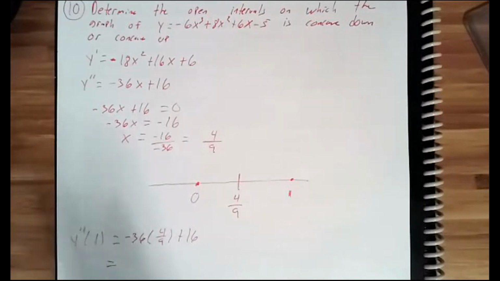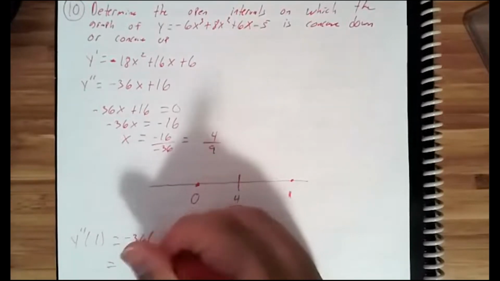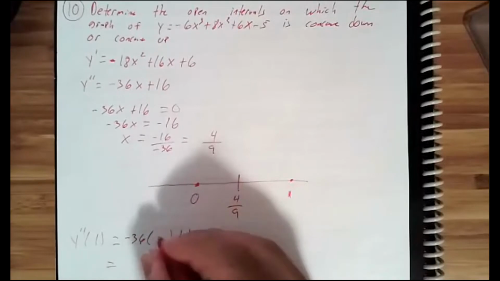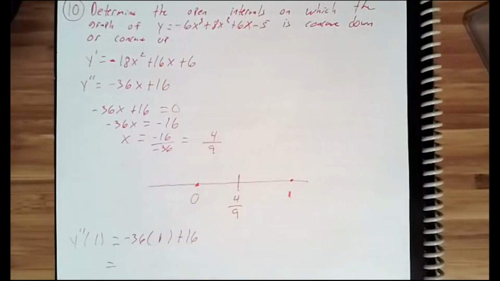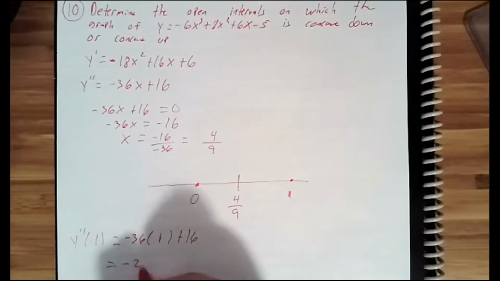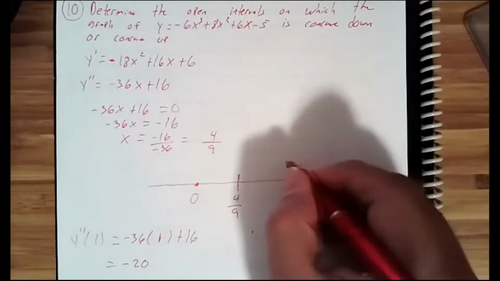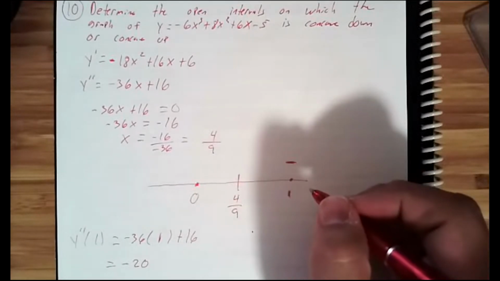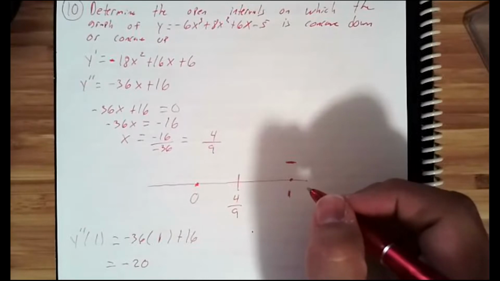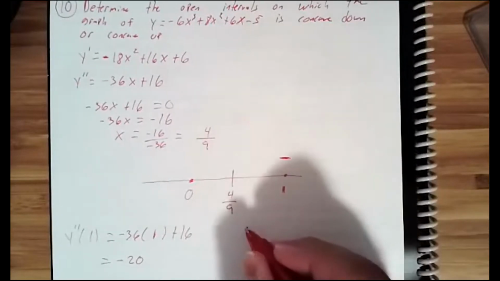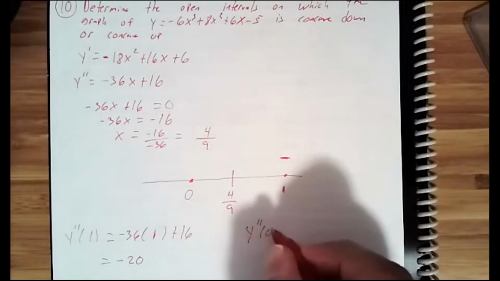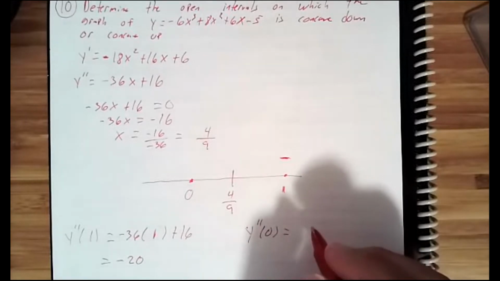Oh, why did I put 4/9? So negative 36 plus 16 is negative 20. So we are concave down over here. Okay, now second derivative at 0 would give us a positive, right?